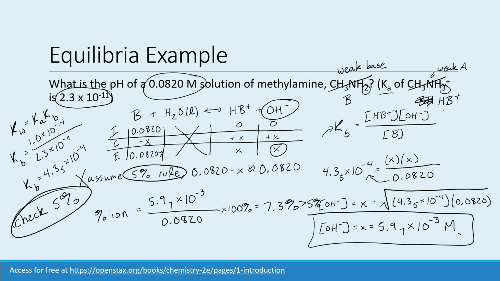So since we have the hydroxide ion concentration, I'm going to go ahead and finish this out and calculate the pOH. Now I know ultimately they're asking what is the pH, but we are going to have to calculate the pOH with the quadratic anyways, and so we don't have to go all the way to the pH here. So pOH is equal to the negative log of that 5.97 times 10 to the negative third.